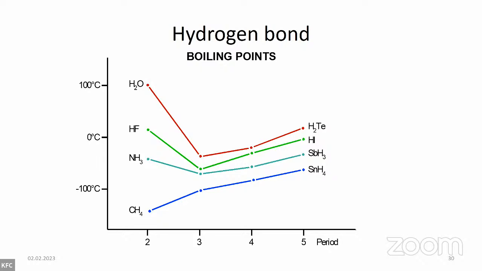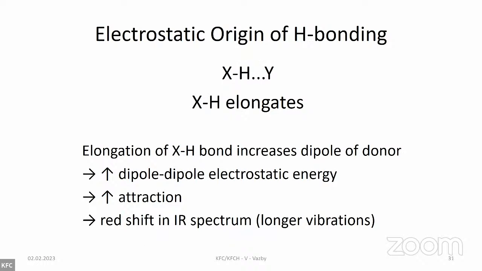It is one of the reasons why, even though water should boil at, let's say, minus 80 degrees according to the periodic trend, it boils at 100 plus, not minus. It happens when there is a hydrogen atom attached to an atom which is stealing its only electron, and therefore the hydrogen nucleus can interact from the other side with another electronegative atom.